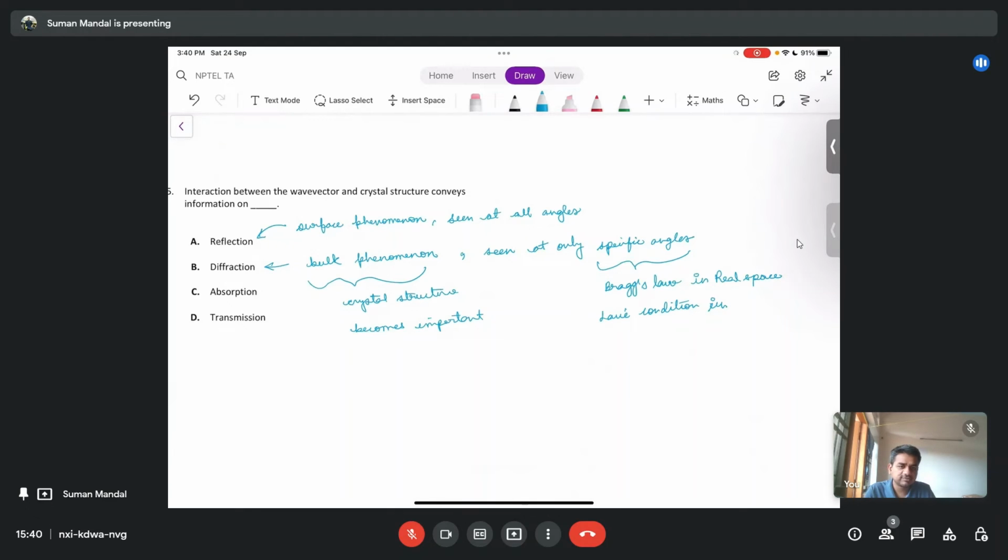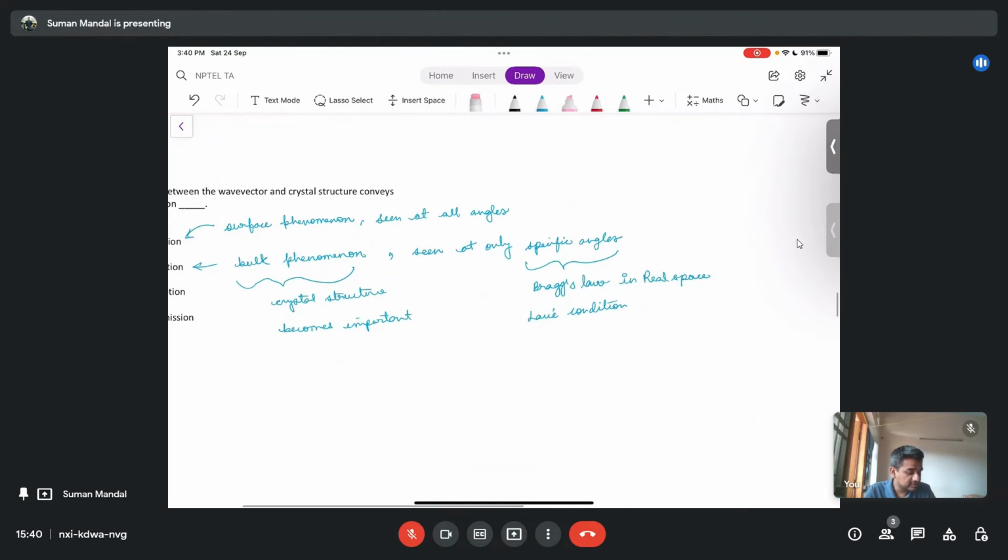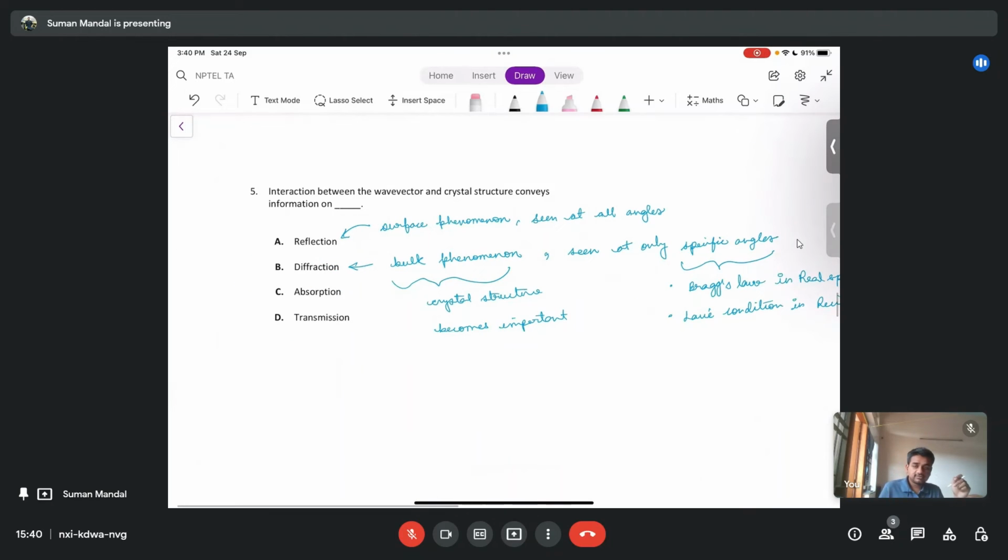It's basically where we draw the Ewald sphere and find out whether the difference of the incoming and the outgoing vectors is a reciprocal lattice vector or not. So yes, the interaction between the wave vector and the crystal structure gives information about diffraction.